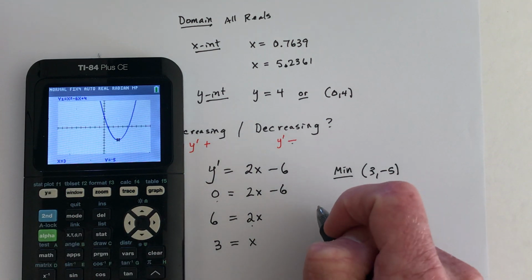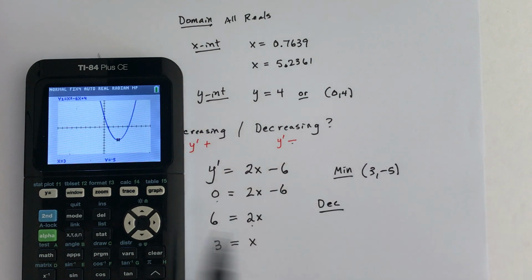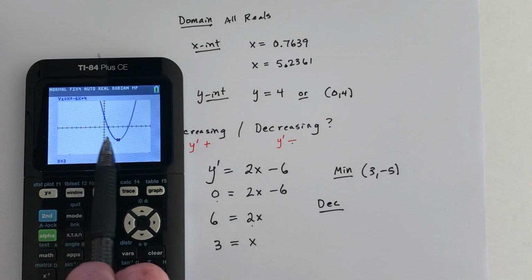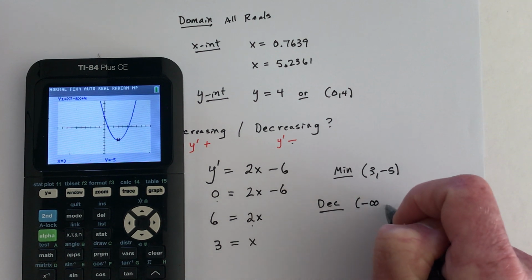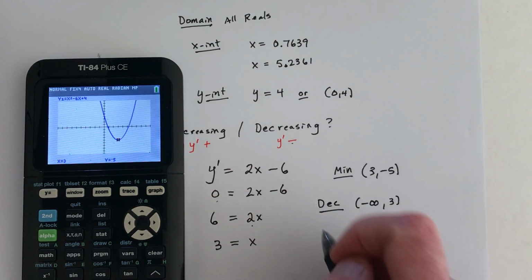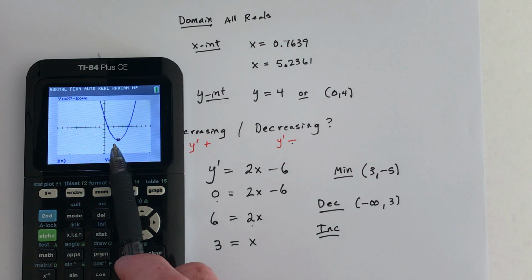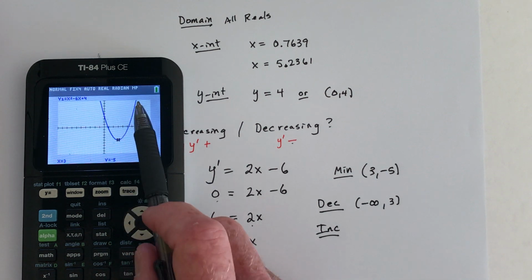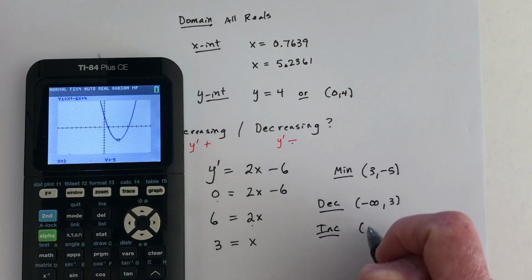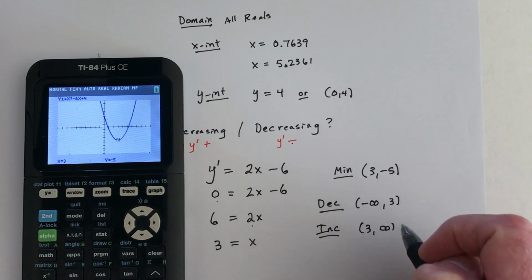So for the decreasing part, that's from negative infinity until it gets to where the x is 3. So from negative infinity to 3. And then for the increasing part, that would be from here to there. Well, not there, I mean forever. So increasing from 3 to infinity.